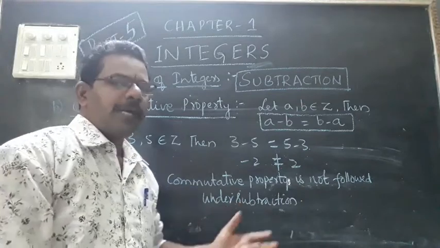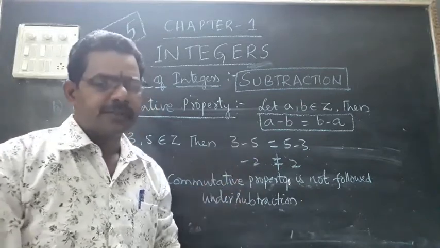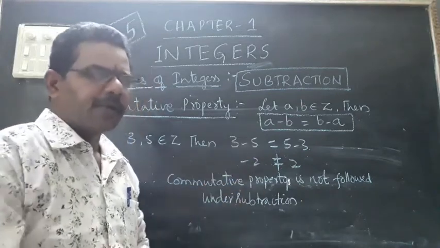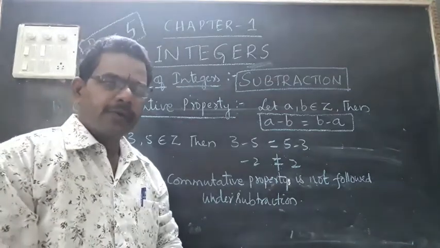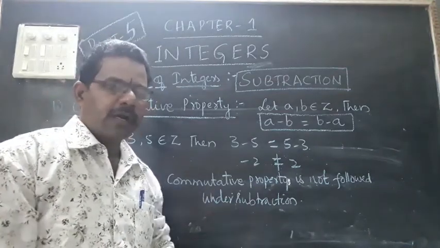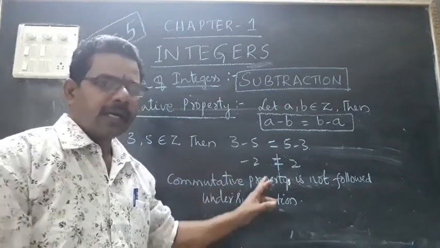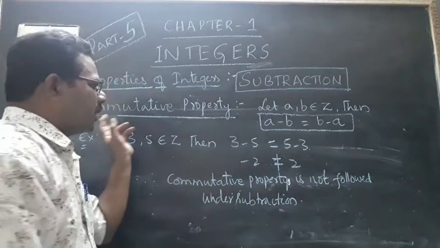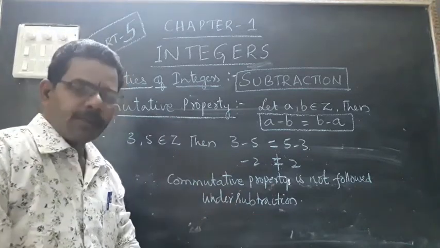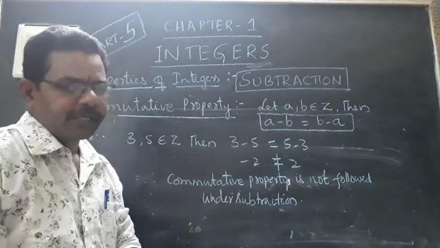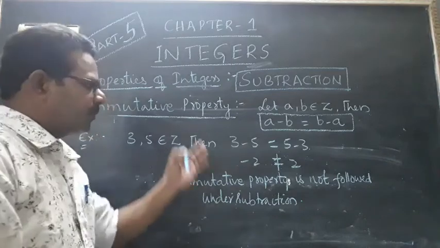So not followed means no need to take a number of examples. Roughly, you can take some integers on a rough paper and check whether these are following or not. But always it will not be followed under subtraction. So commutative property is not followed under subtraction in the set of integers. Okay, so please note down.